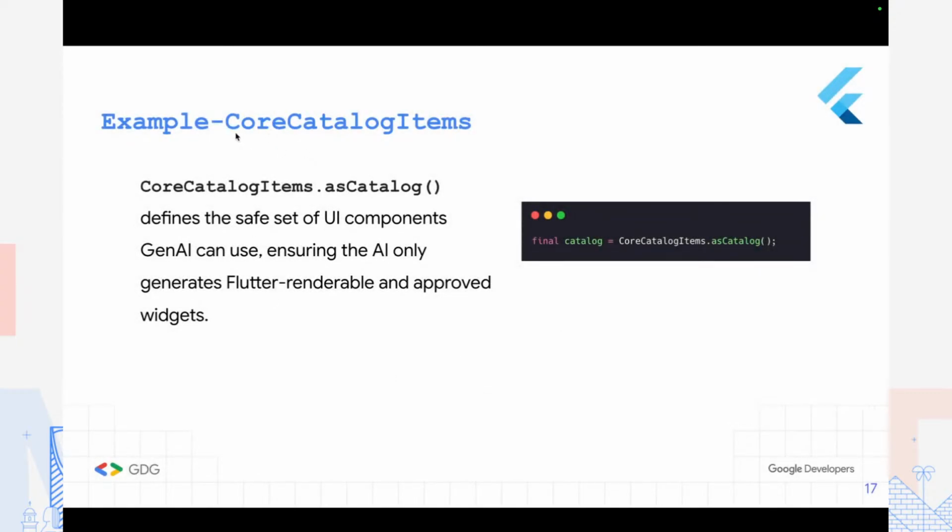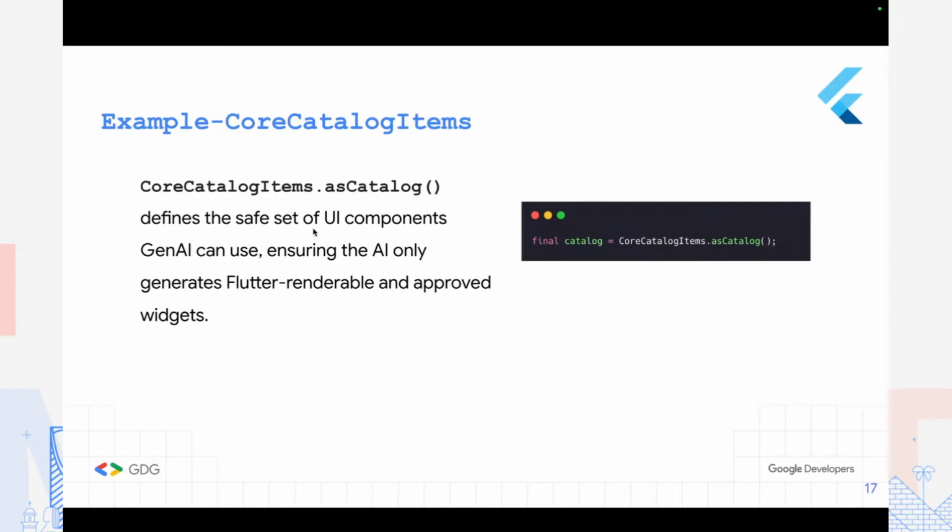Next component that we will be using is called core catalog item. Earlier I mentioned that Flutter is going to render the UI by mapping the JSON with the catalog of widgets that currently exist. That catalog is present in core catalog items as catalog.